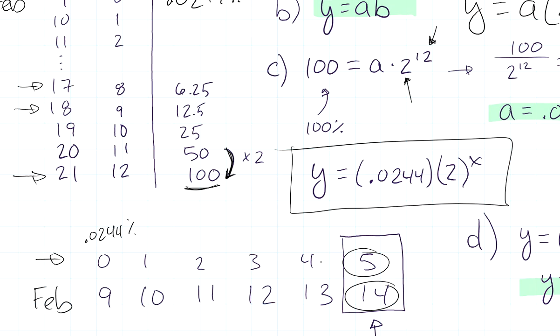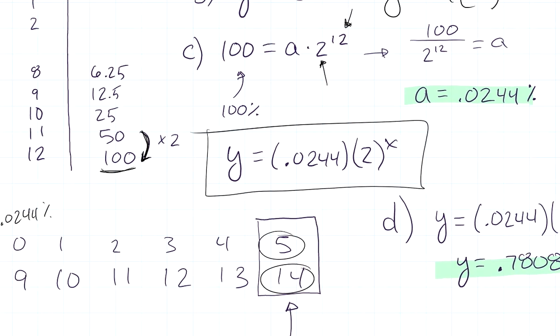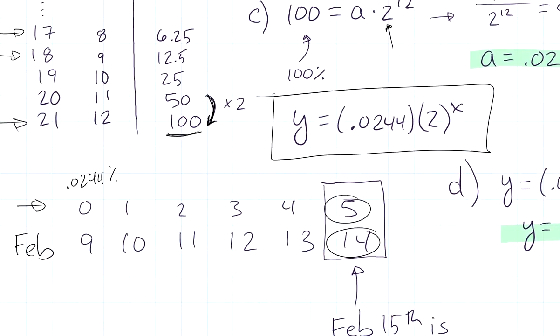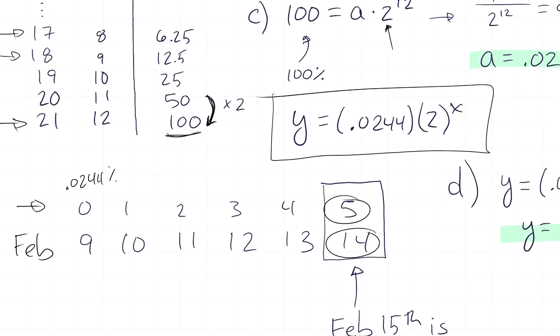So in order to figure out the percent coverage on that day, I'm just plugging in that x is 5. So after 5 days of growth, we get that we're about 78% covered. So about 78% of the Petri dish is covered, and that is happening at day 5.